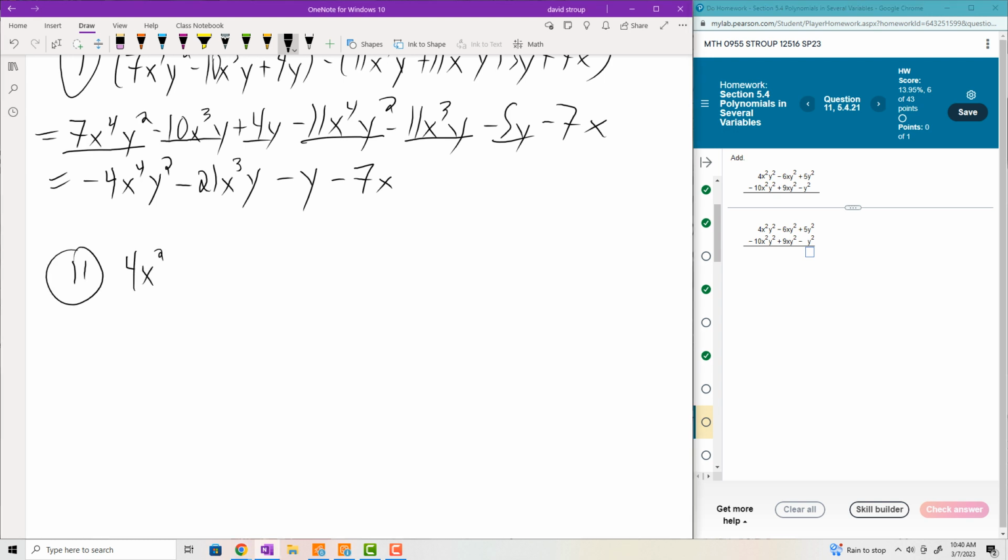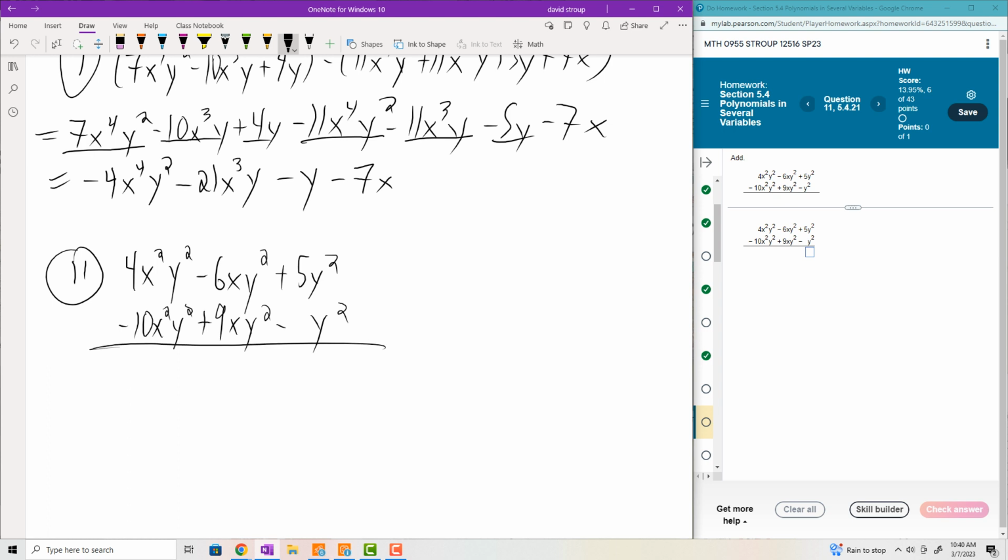So I have 4x squared y squared minus 6xy squared plus 5y squared plus negative 10x squared y squared plus 9xy squared minus y squared. So it's pretty simple again, you just add column-wise. So 4x squared y squared minus 10x squared y squared is minus 6x squared y squared.